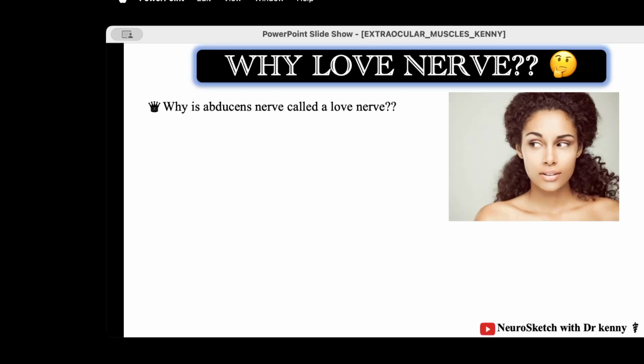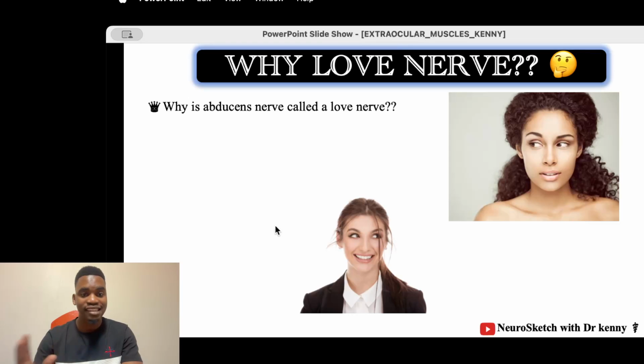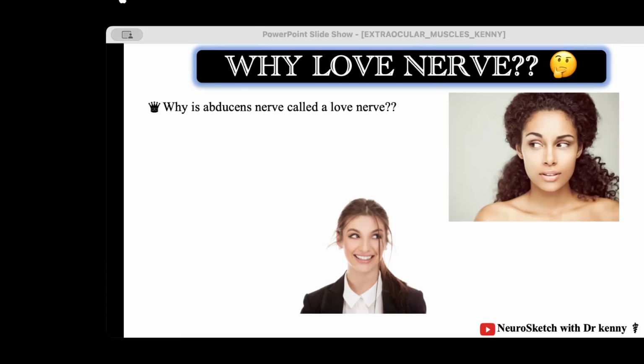This is how you look at someone you like, someone you have a crush on. And of course that flirty, sideways glance is by the aid of the abducens nerve, by the aid of the lateral rectus muscle. So next time you are trying to look at the love of your life, you can always think of your lateral rectus, and you can always think of your abducens nerve.